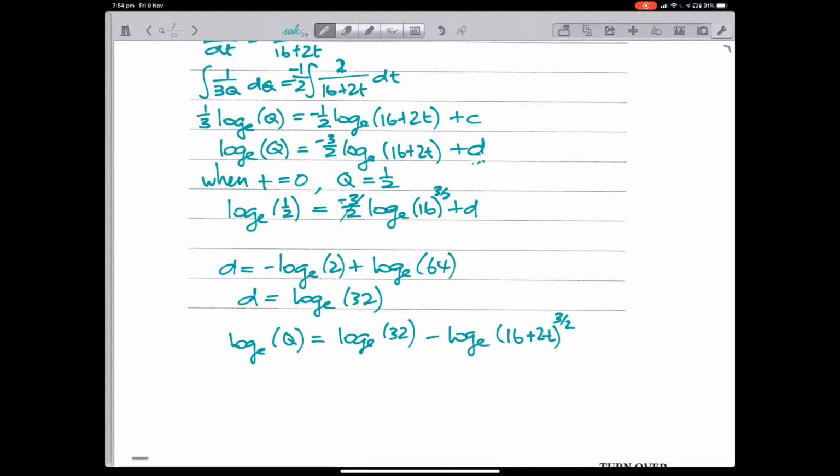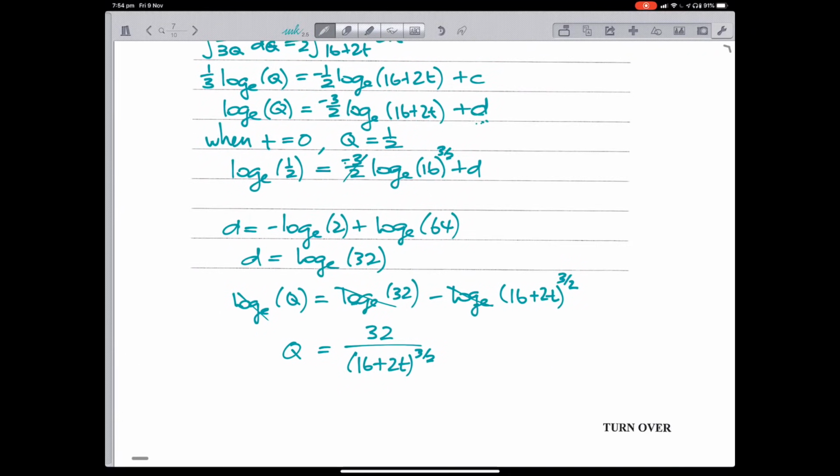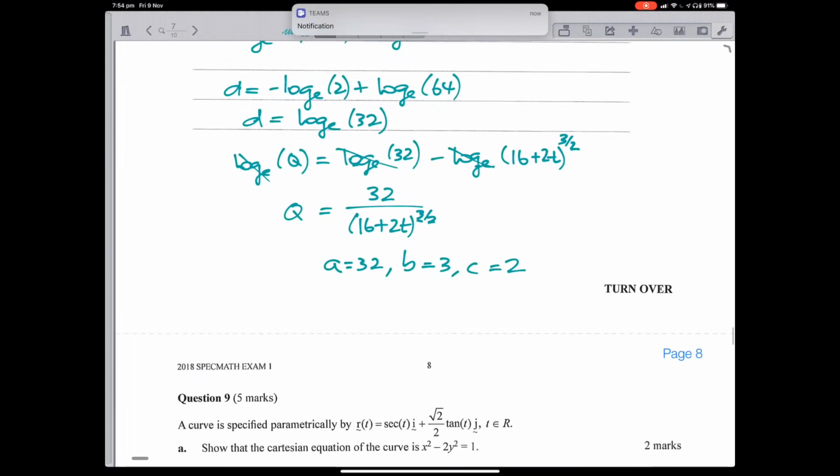Okay, so now we can join this all together, and we can say q, get rid of that log. When I join these logs together, I'm going to get 32 on 16 plus 2t to the 3 on 2. So A is 32, B is 3, C is 2.